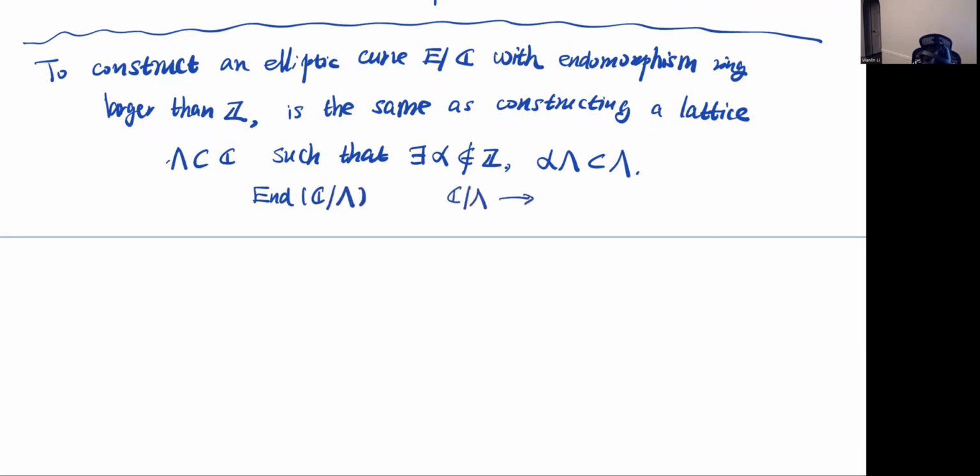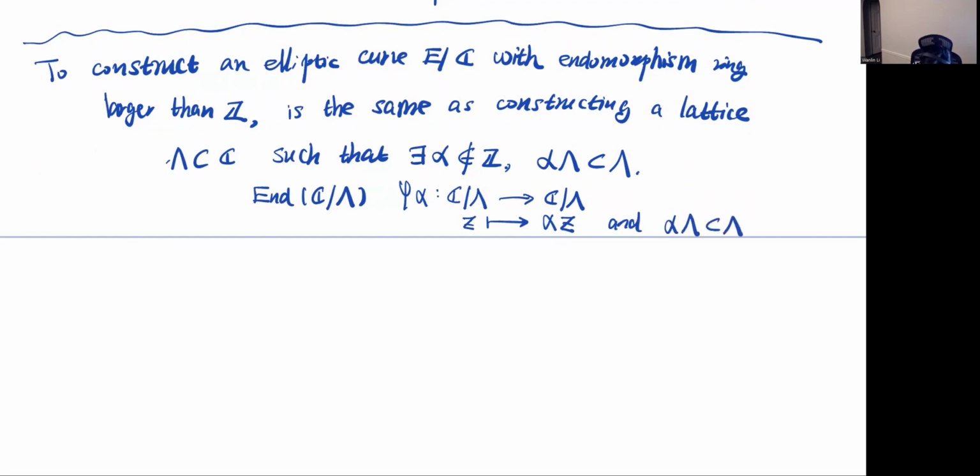So I want maps from C mod lambda to C mod lambda, given by complex numbers alpha such that every point Z gets mapped to alpha times Z, and such that alpha of lambda is inside lambda, so it is well defined.